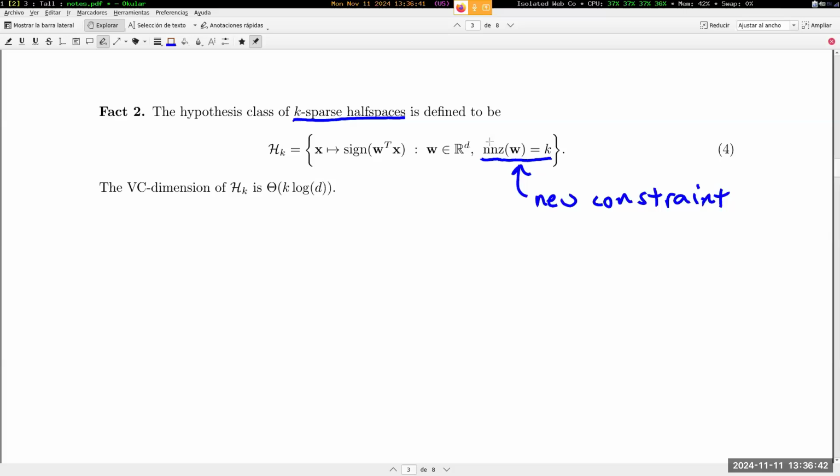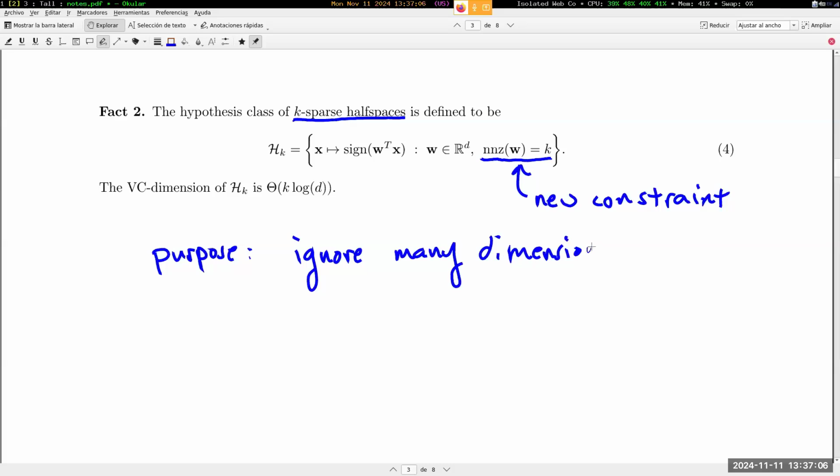And so we're not learning all dimensions. Not all dimensions will be meaningfully applied to our x data. We're going to ignore many of those dimensions. So the purpose of this class is to ignore many dimensions of the input data. In particular, all of the dimensions where w is equal to 0 are what we will ignore.